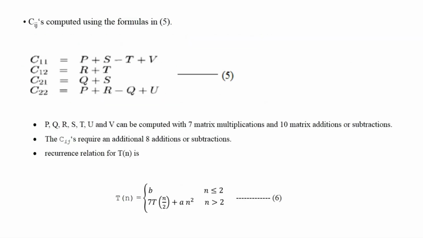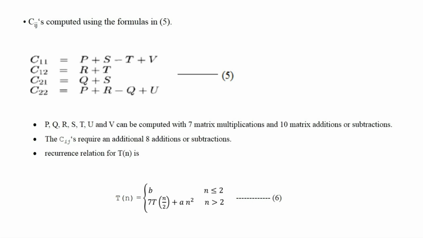So finally, C of ij is computed by using the formula C11 is nothing but P plus S minus T plus V. C of 12 is nothing but R plus T. C21 is equal to Q plus S, and C of 22 is P plus R minus Q plus U. So P, Q, R, S, T, U and V can be computed with 7 matrix multiplications and 10 matrix additions or subtractions.